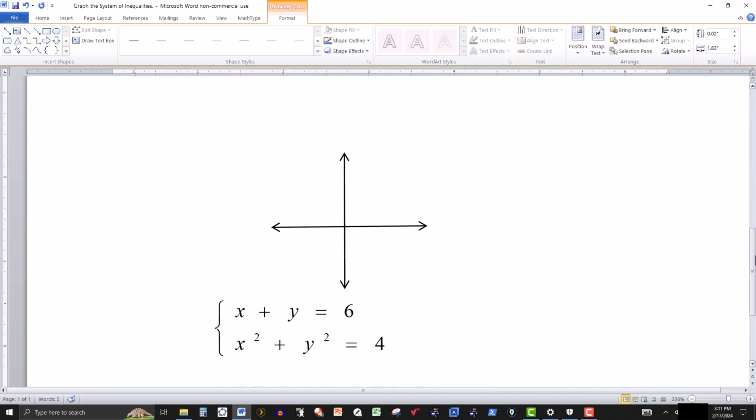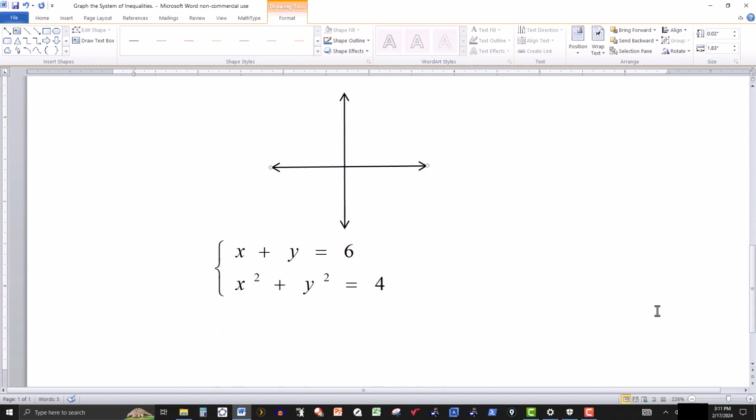So let's actually look at the equations here. For the first one, you just pick values. We want to graph the boundary for this one. Pick a value for x, say 0, so we find the intercepts here. If x is equal to 0, y is 6. So the y-intercept is (0, 6).